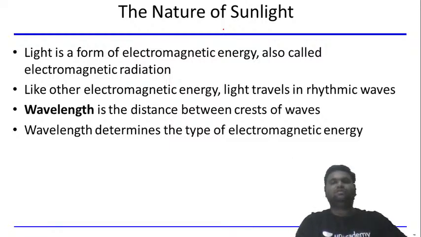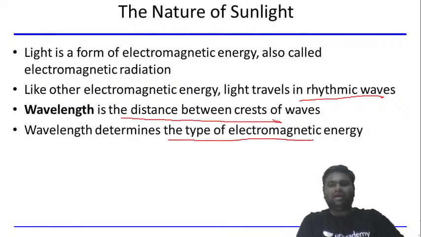So what is the nature of sunlight? It is in the form of electromagnetic energy, also called electromagnetic radiation. Like other electromagnetic energy, light travels in rhythmic waves. Wavelength is the distance between the crests of the waves, and wavelength determines the type of electromagnetic energy.